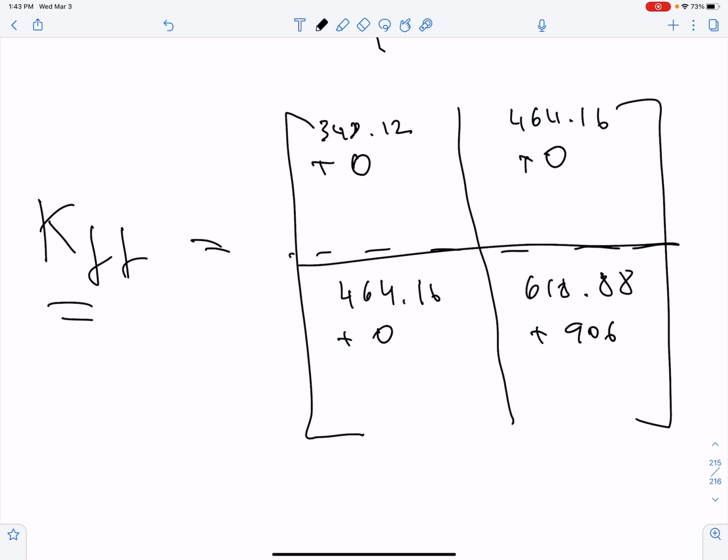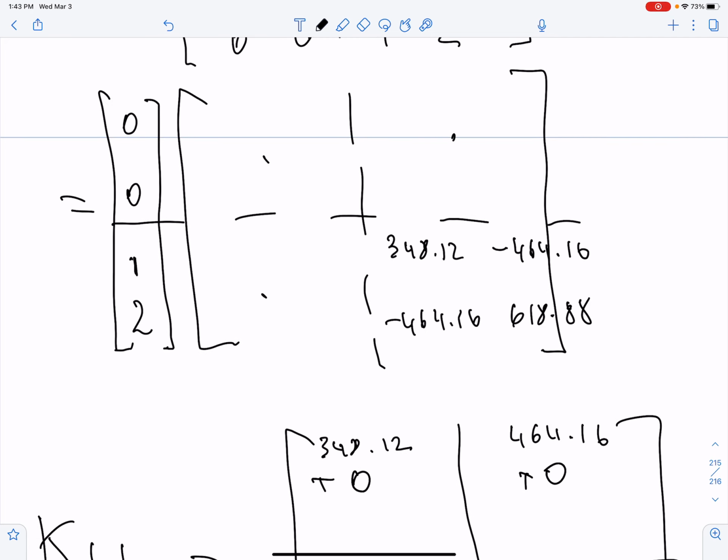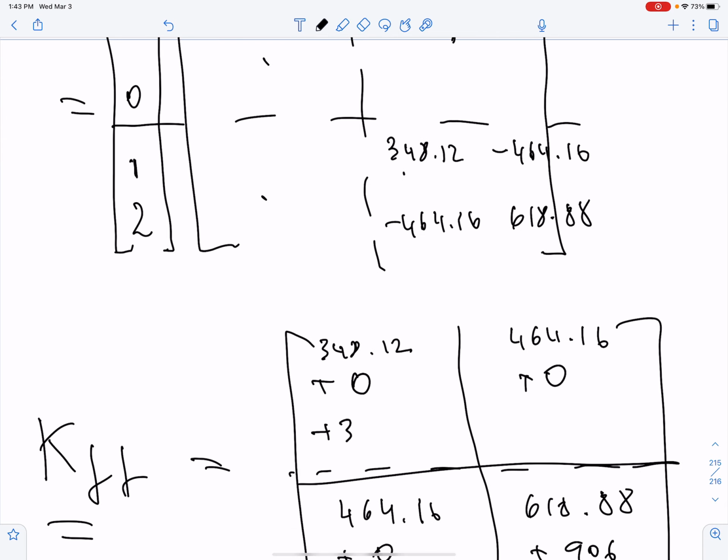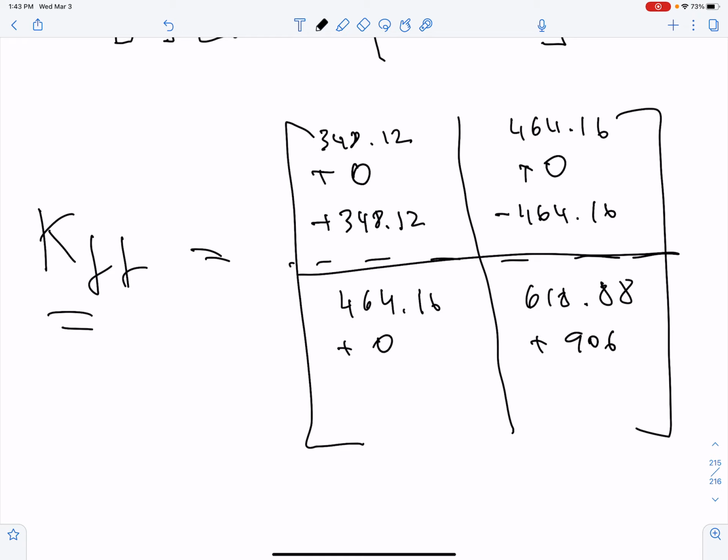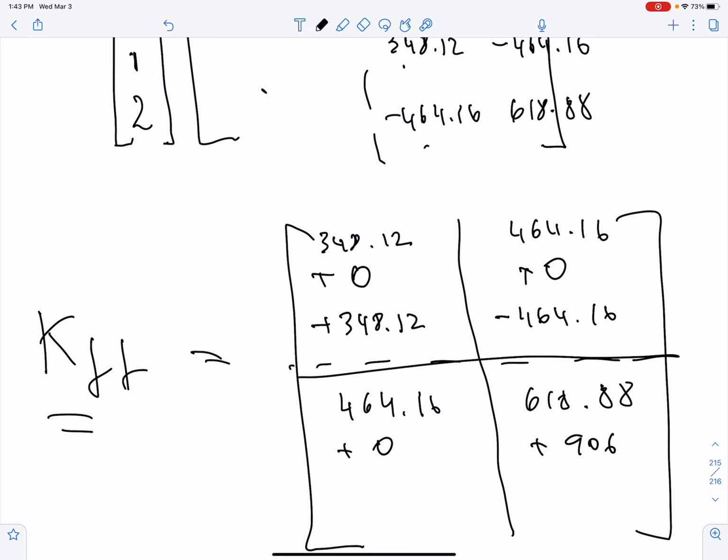And from the third element, we add 348 here. 12. We add minus 464.16. Right. We add minus 464.16. And from this one, we add 618.88.